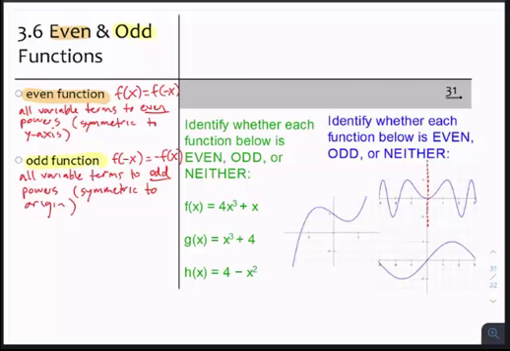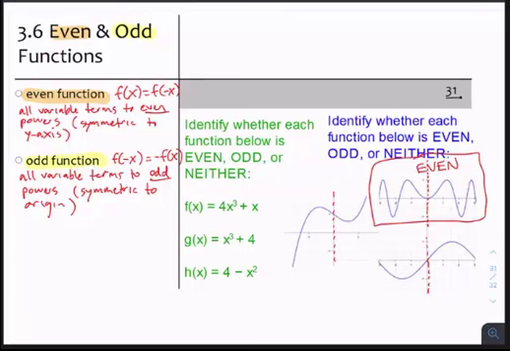Yes. So this one is called an even function. What if I draw this line straight down the origin? Does that map onto itself? No. And what about this one? No. When you fold it right there, this part comes over the top. So the only even function is this first one here.